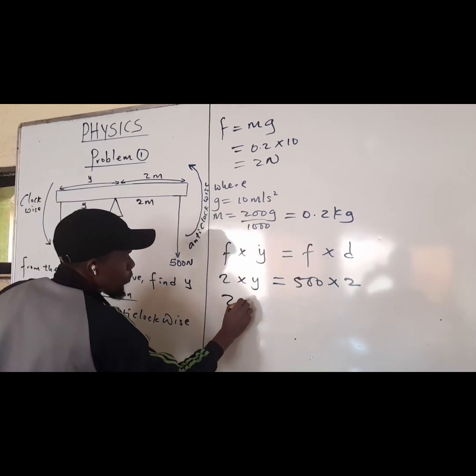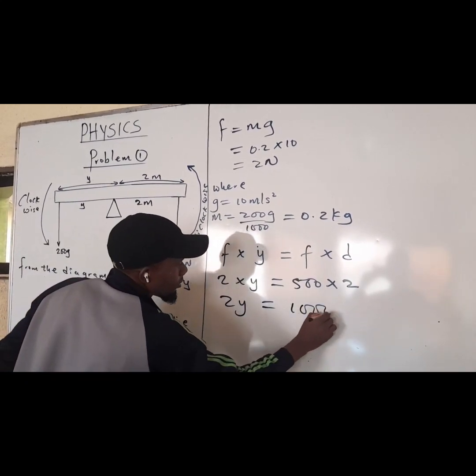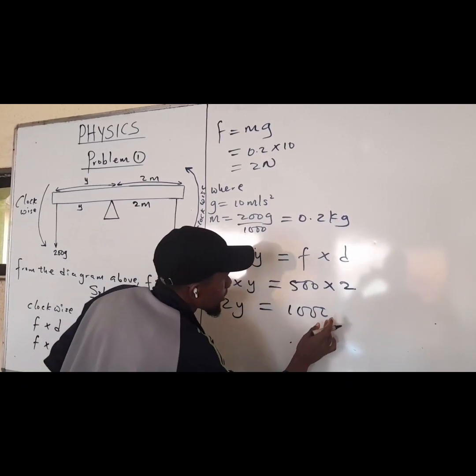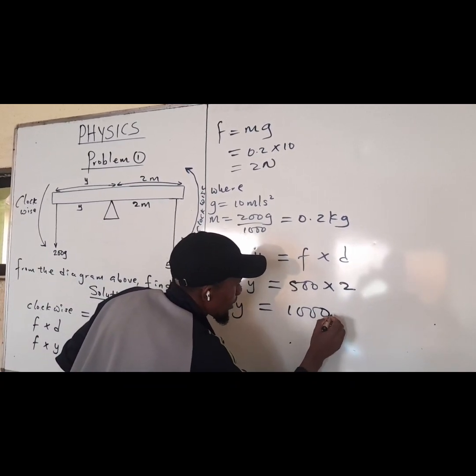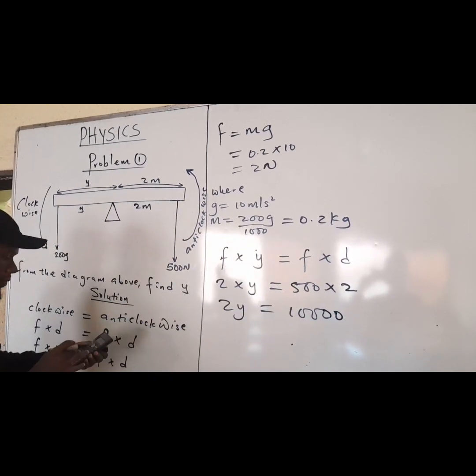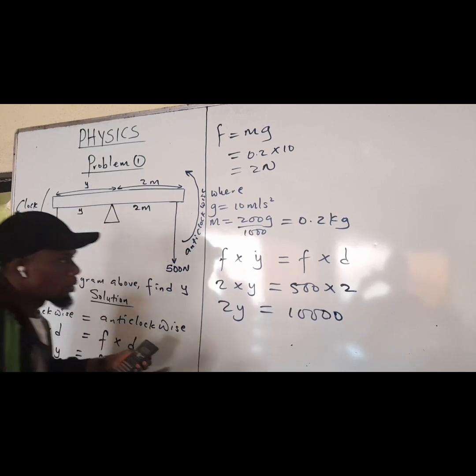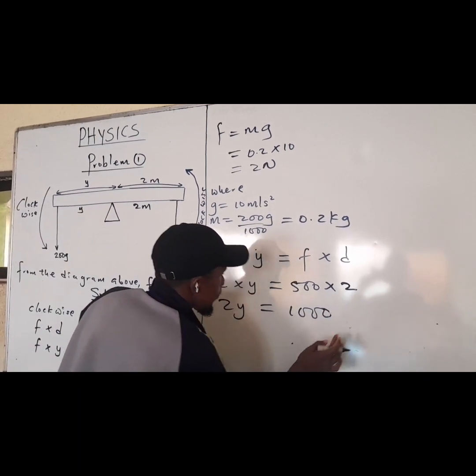So I have 2Y is equal to 1000. That's 500 times 2, so I have 1000, not 10,000.